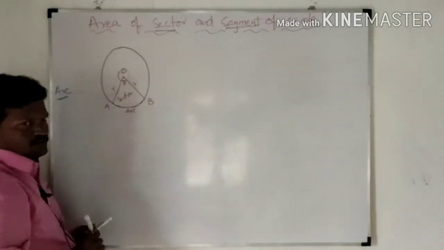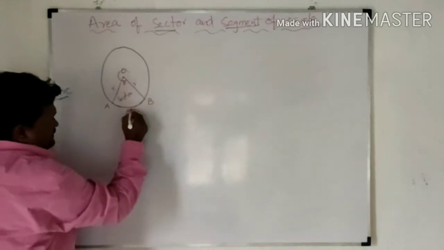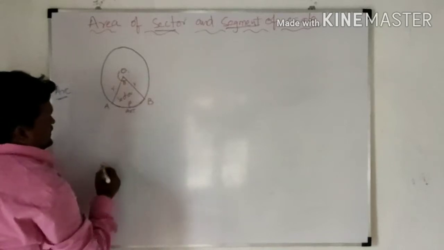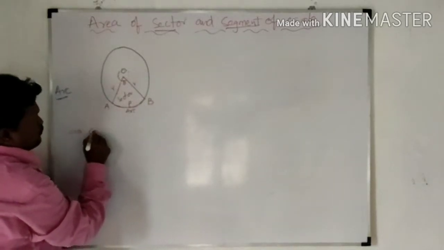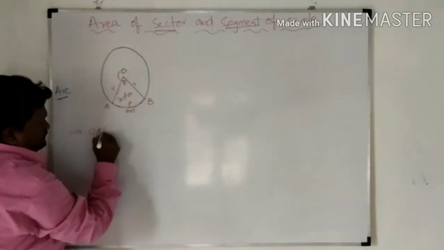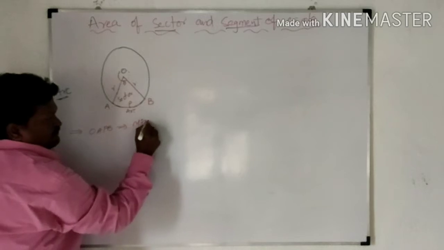Okay. So here, how can we write the area of the sector? For example, if you take any point here, let it be P. Then OAPB is called a minor sector.